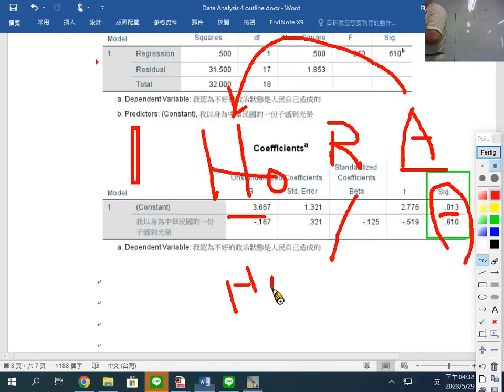So first of all, we look at the null hypothesis first. We use the p-value to make our decision. Whenever it is greater than 5%, we accept the null hypothesis, and then there's nothing for us to talk about regarding this one. But if we reject it, then there's no choice for us.